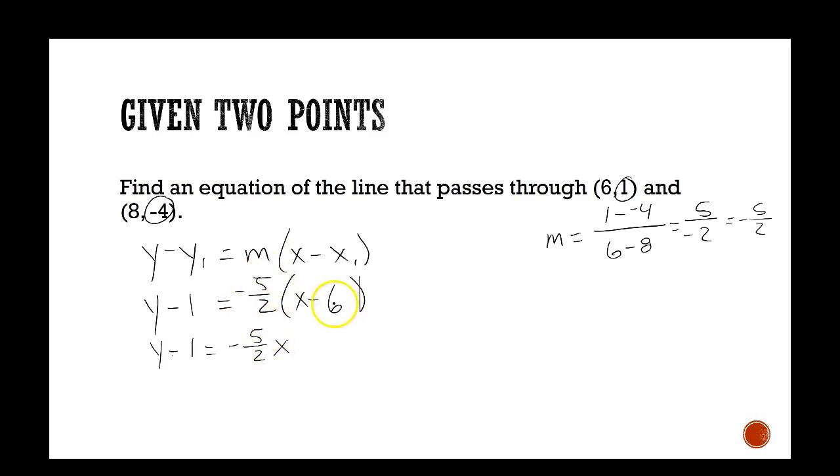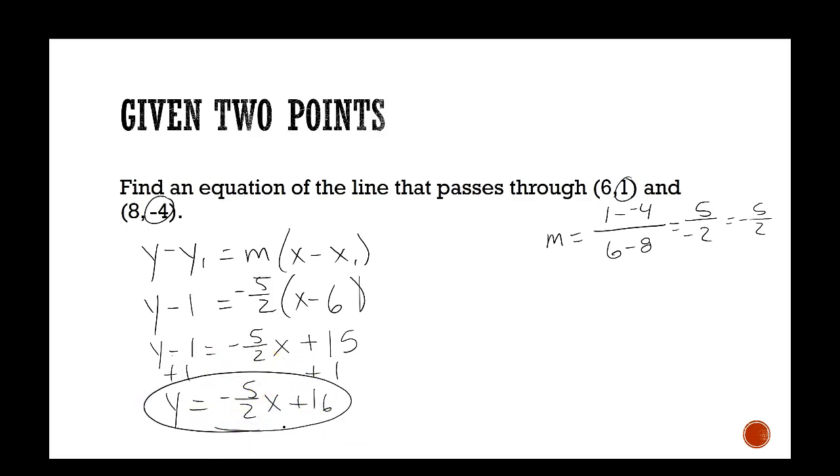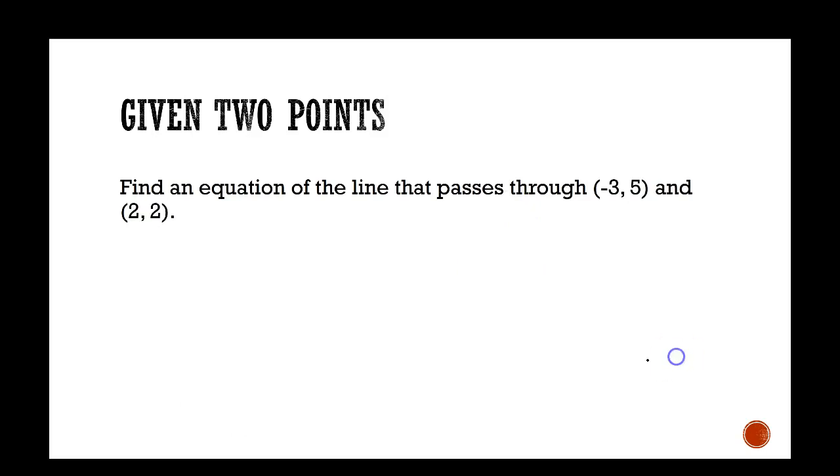Now when I distribute to the second, a negative times a negative is positive. 5 over 2 times 6, that would be 15. Let me double check my math. Yep, 15. And then add your 1. And you get y equals negative 5 over 2x plus 16 as your equation. Again, this is what we're adding, is that first step for these problems.